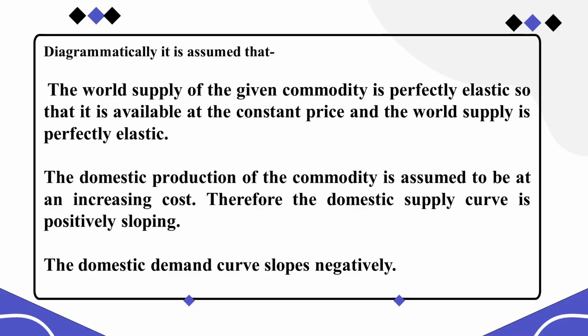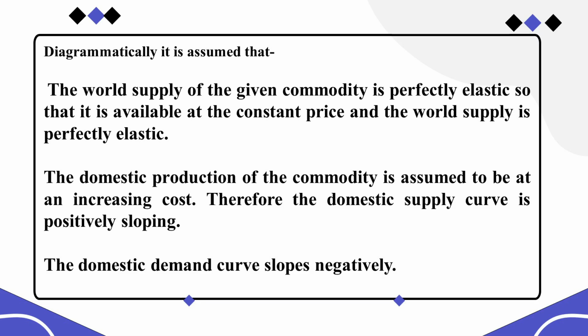As we can see in the diagram, it is assumed that the world supply of the given commodity is perfectly elastic, so that it is available at a constant price.